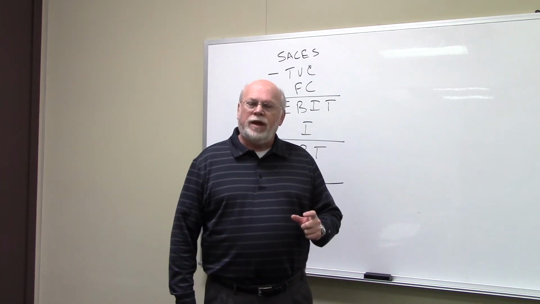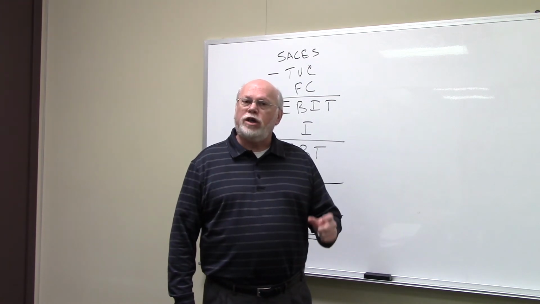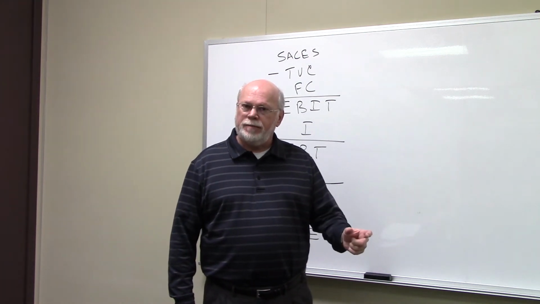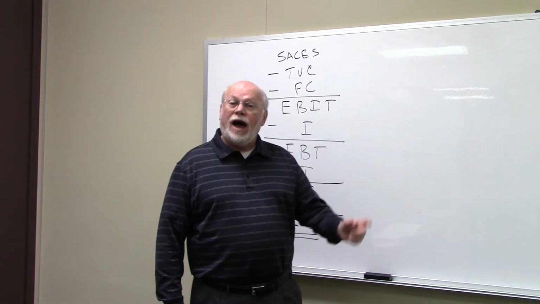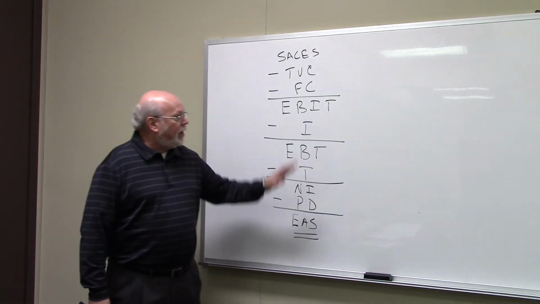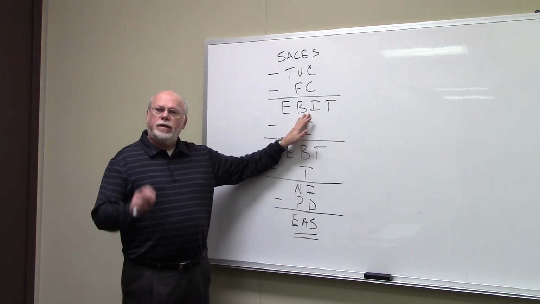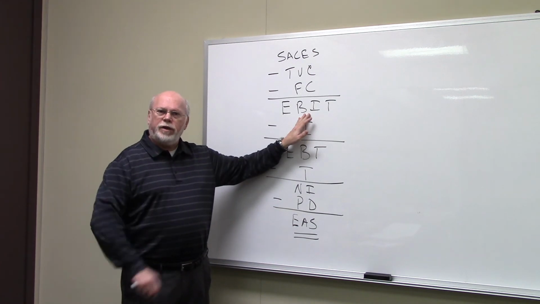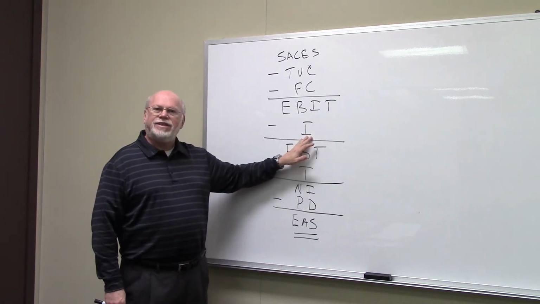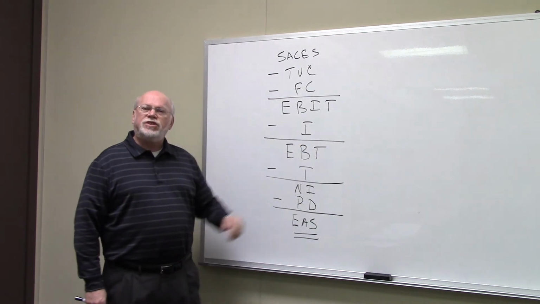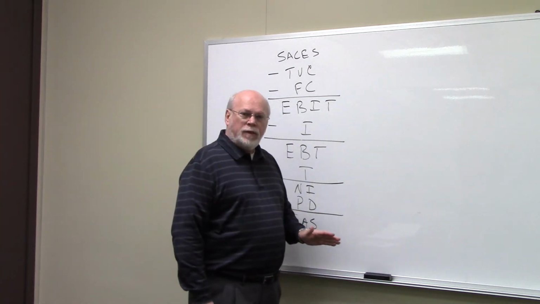That's wrong. EBIT stands for earnings before interest and taxes. And it's also known as operating profit. Now, this is an important level of earnings for a company because the next thing is the interest expense. This is the interest on your debt.